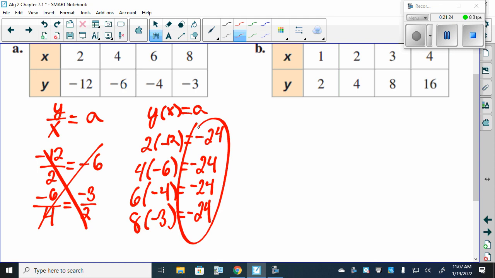So is the constant term a the same for all of these here? Yes.